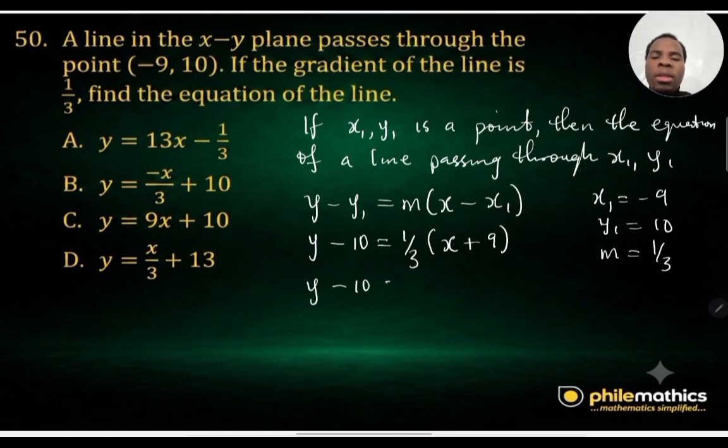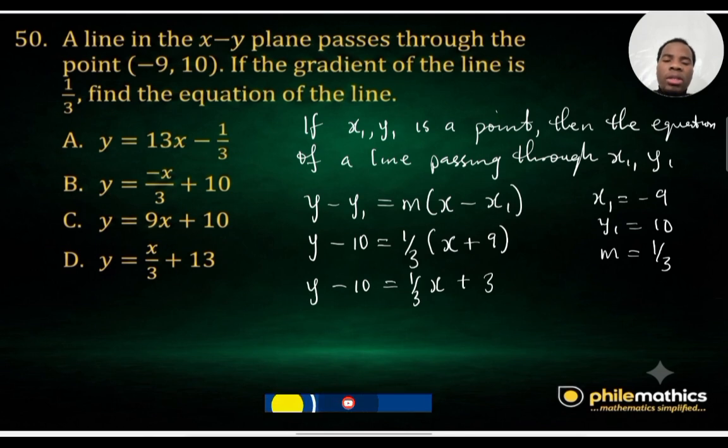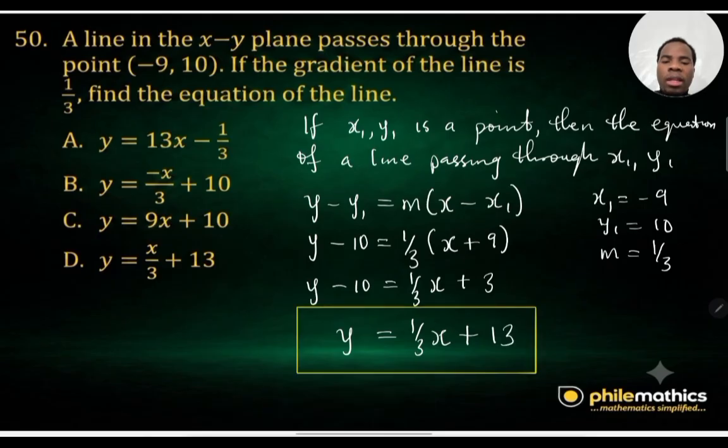We'll have 1/3 x plus 1/3 times 9 is 3. Since we are looking for the equation of a line, it's simply to make y the subject. So take minus 10 to the right hand side. We'll have y will be 1/3 x plus 3 plus 10 is 13. So this is the equation of the line that passes through the point minus 9 and 10 in the xy plane. And the answer is D.